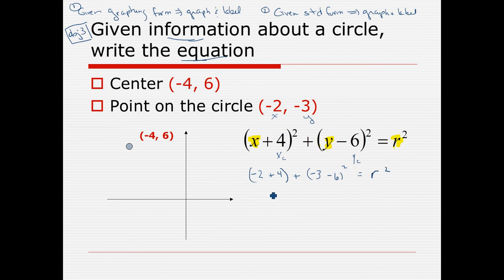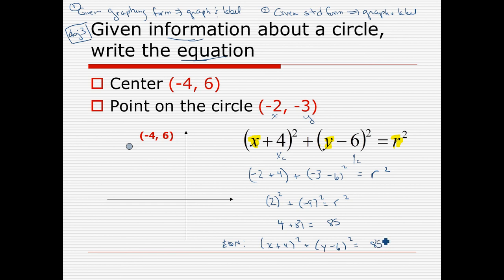So what do we have here? 2 squared plus -9 squared is equal to the radius squared. So that's 4 plus 81, which equals 85. So r squared, so the equation must be x plus 4 squared plus y minus 6 squared is equal to 85.